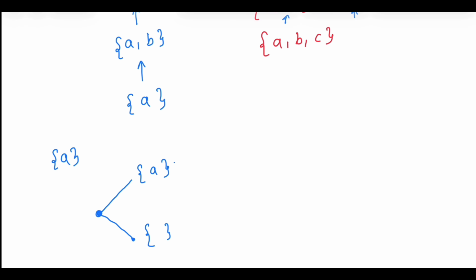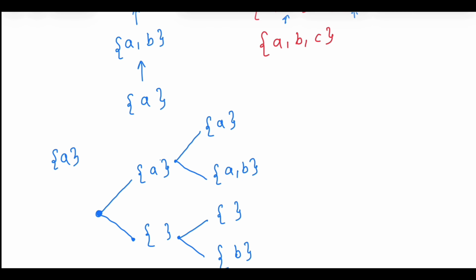So we take all the subsets that we already created, and in the first case we just take the same subset, and in the second case we add the new element to it. We do this for all the subsets that we already have, right?